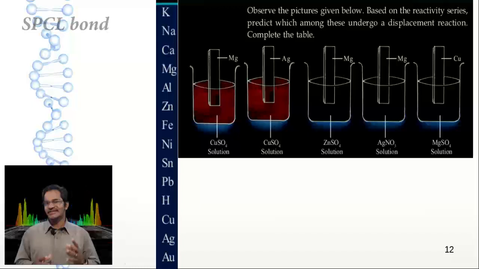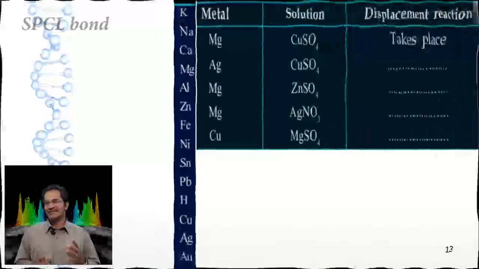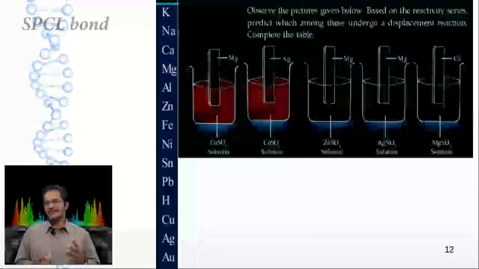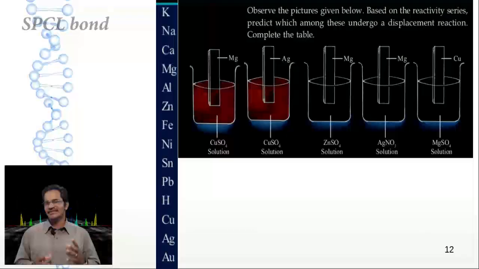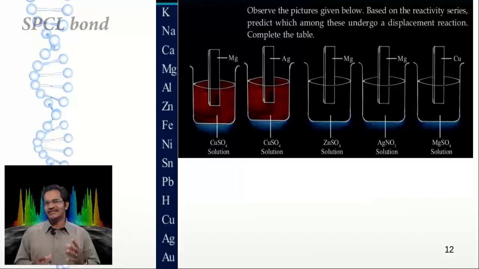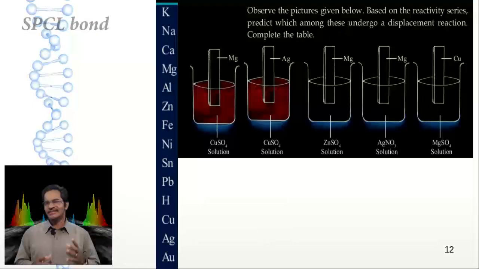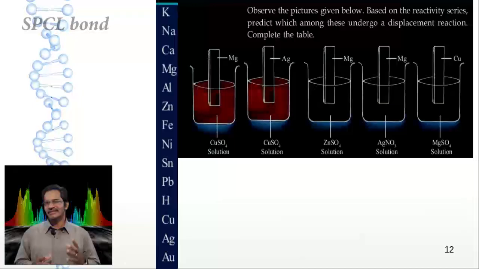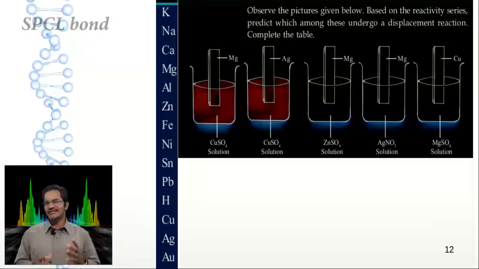Complete the table. A table is given here. You have to complete the table also. For that, you are given a small part of the electrochemical series: potassium, sodium, calcium, magnesium, aluminum, zinc and so on. Take the first case, is it a displacement reaction or not? Magnesium is a more reactive metal that is dipped in copper sulfate solution.